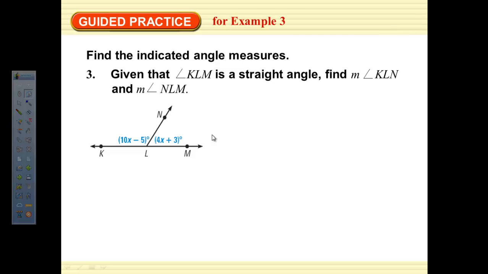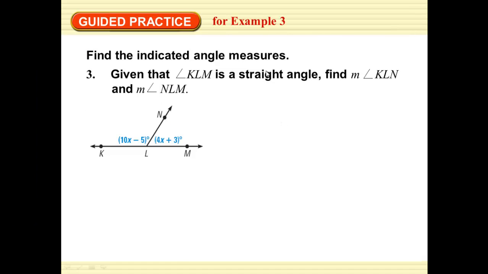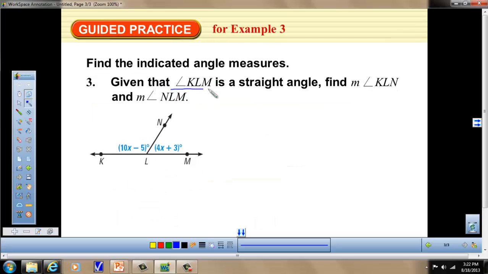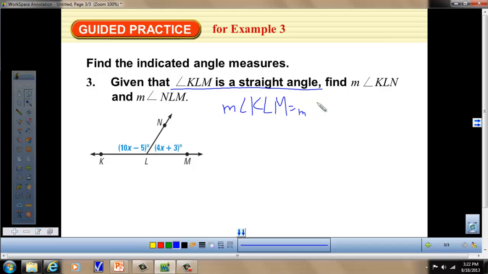All right, for this next example, the key to this problem is recognizing that KLM is a straight angle. Therefore, this angle right here is 180 degrees. Again, what we can state is that the measure of angle KLM is equal to the measure of angle KLN plus the measure of angle NLM.